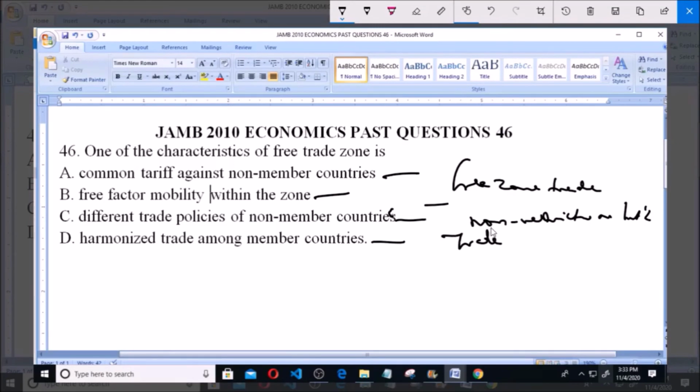So buying and selling can take place between different countries without the imposition of artificial barriers, such as absence of custom duties, quotas, embargoes, etc. So there is perfect mobility of commodities and factors of production between countries. So in view of that, option D, which says harmonized trade among member countries, is the correct option.